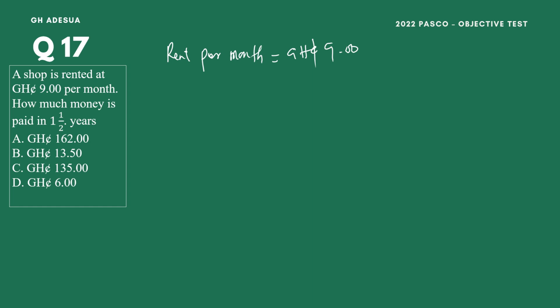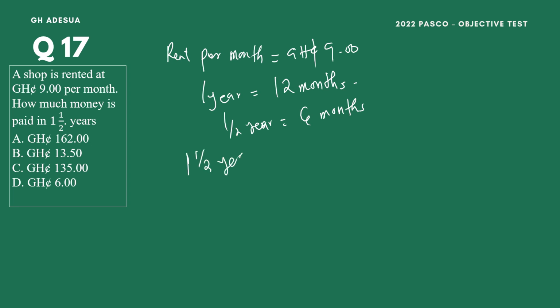Now we know our conversions: 1 year is equal to 12 months. For 1.5, the half year will be half of the 12 months, which is 6 months. So 1.5 years together would be 12 plus 6, which gives us 18 months.